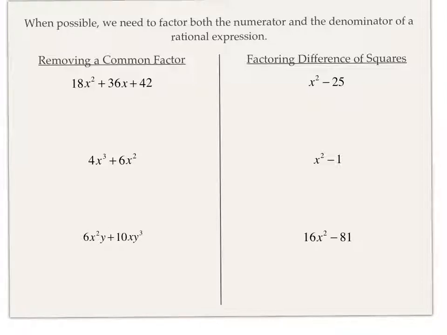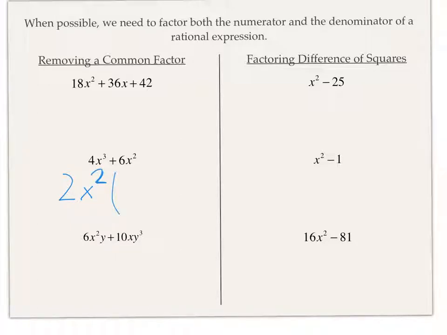Okay, and then I ask myself, what about the x's? I have 3 x's in one term and I have 2 in the other. So what can I take away? 2 x's. You can only take away as many as the least has. You can't take away more than what one of them has. So I can take out 2 x's because that's the fewest that one of them has.